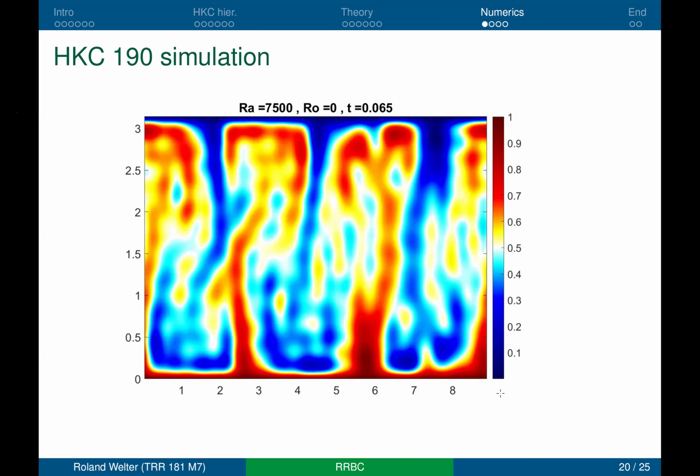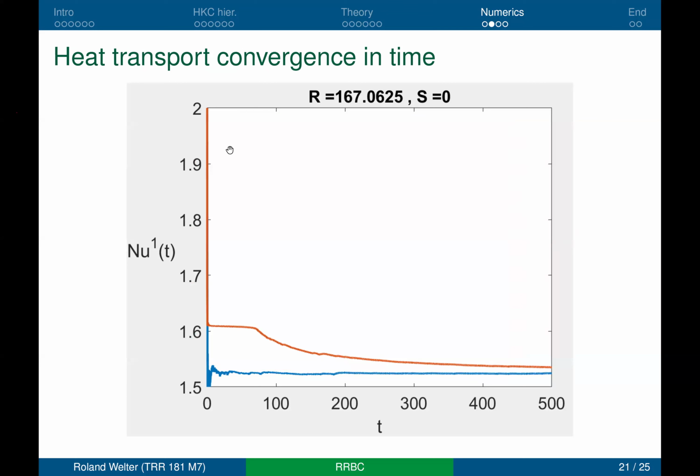Here's just a simulation of the temperature field for a high-dimensional model. I looked at the convergence in time, and most often the convergence of the Nusselt number in time was as shown in this blue curve, where it just converged rather quickly to some value with small fluctuations.